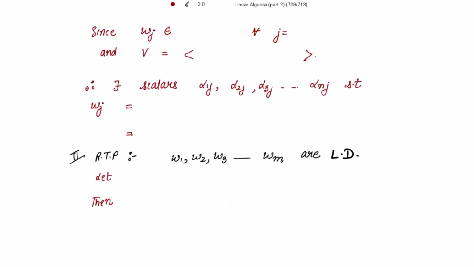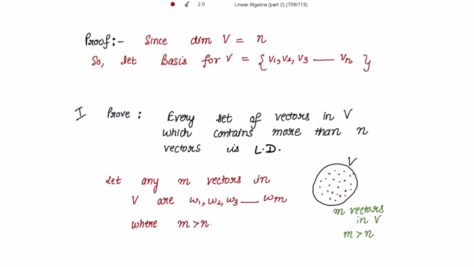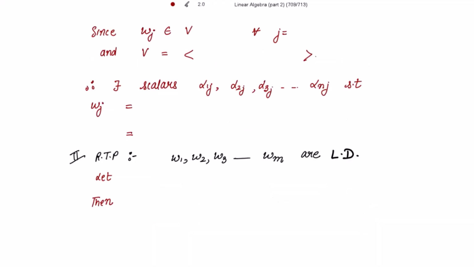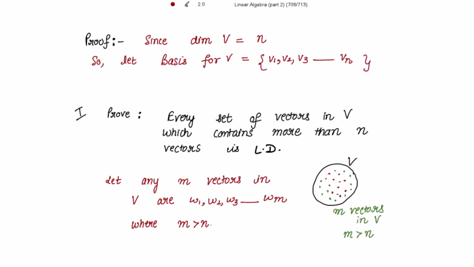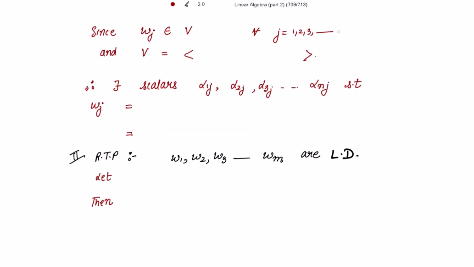Now since any Wj from these vectors belongs to V, for all j going from 1, 2, 3 up to m, and V1, V2, V3 up to Vn are the generators of V, because it is given that the dimension of V is n and we have chosen V1, V2, V3 to be the basis for V, there exist scalars for that specific Wj, which I name alpha 1j, alpha 2j, alpha 3j up to alpha nj.